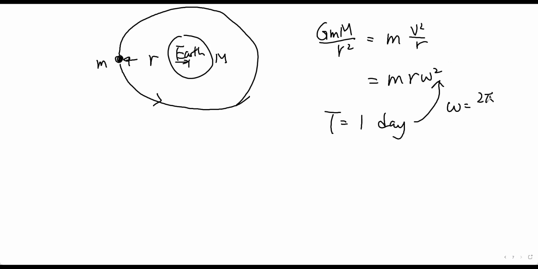Then that means you are given the angular speed. The angular speed is 2π over the period. Now I'm given that the mass of the Earth is 5.98 times 10 to the power 24 kilograms. So can you find the orbital radius for this satellite? Find the radius of this satellite.